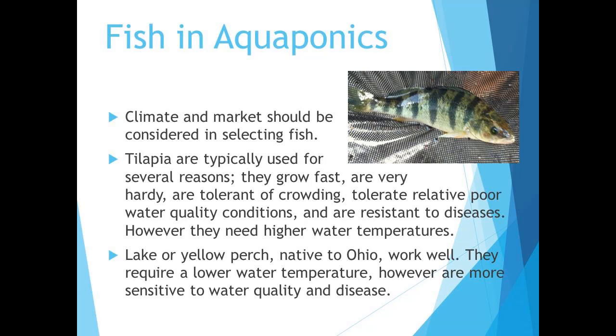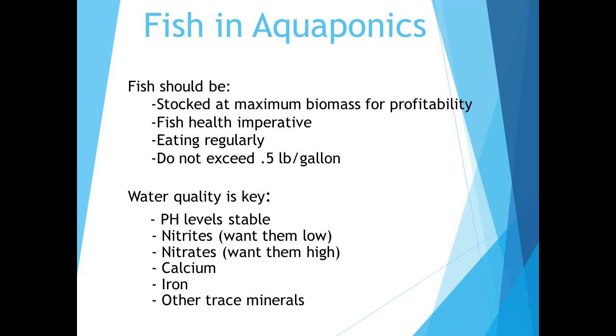Fish should be stocked at a maximum biomass for productivity because you want them to produce enough nutrients for your plants to grow. Because you need plants, you need to be selling stuff. You've got to watch your fish health. One little thing can happen and it can literally spread through your tank.